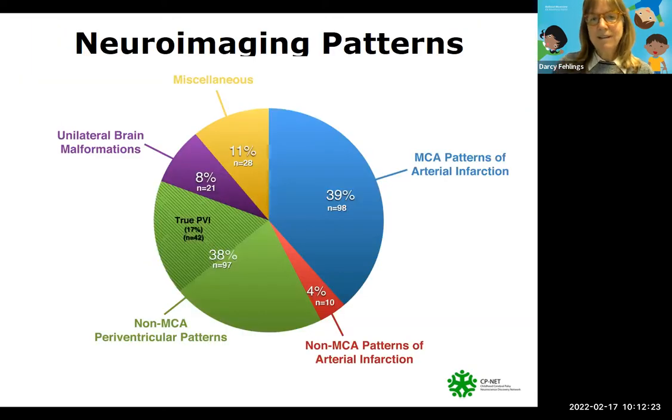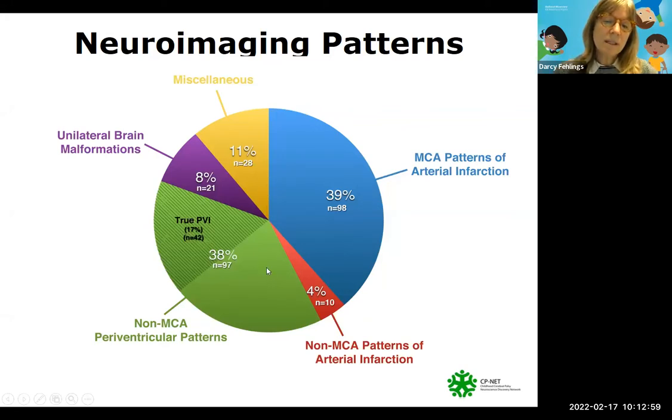One of the interesting things that we found on the neuroimaging patterns in our clinical database is we weren't surprised to see a large component of close to 40% of children who had an MCA arterial infarction. What was surprising to us was that there was close to an equal number of children who had asymmetric periventricular injury patterns explaining their hemiplegic cerebral palsy.